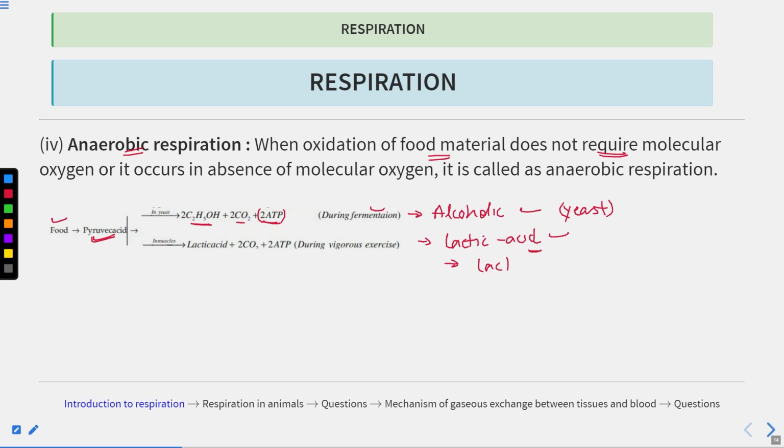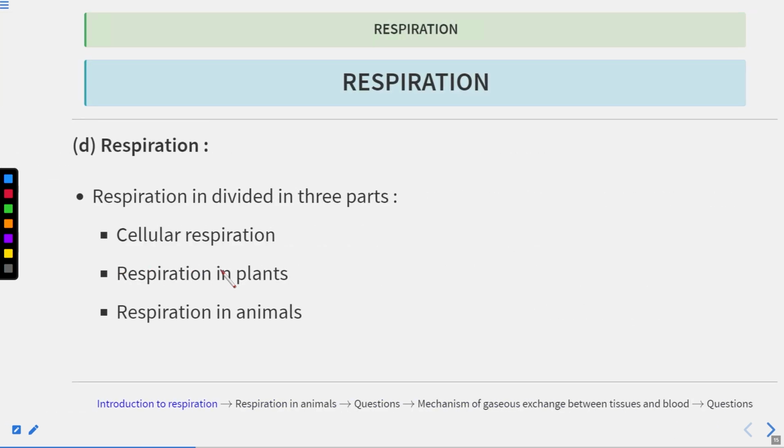One example is lactobacillus, and it also takes place in the muscle cells. Whenever you do a lot of vigorous exercise, there is a lack of oxygen, and pyruvic acid is converted into lactic acid, and again a small amount of energy is released. So this is known as lactic acid fermentation.